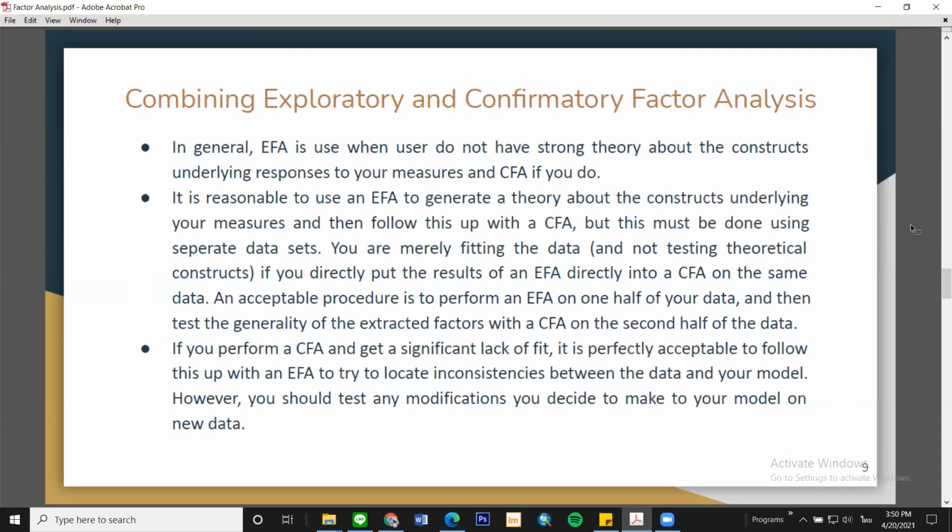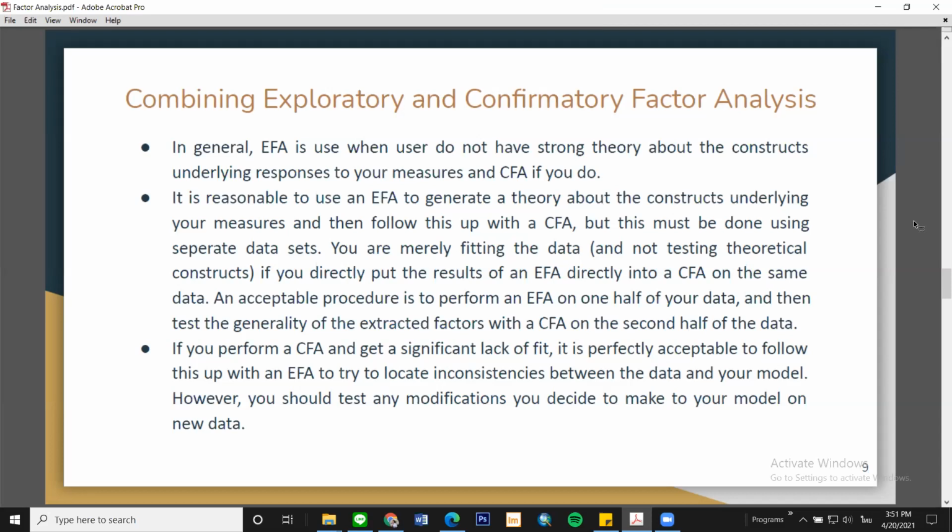It's reasonable to use EFA and then follow with CFA, but this must be done by using separate data sets. If you directly put the result of EFA directly to CFA on the same data, an acceptable procedure is to conduct EFA on one half of your data and then test the generality of the extracted factors with CFA on the second half of the data.